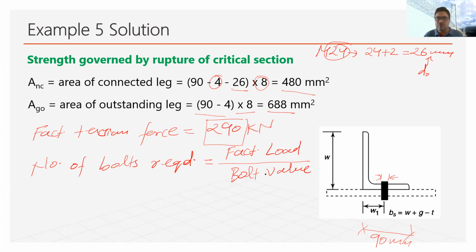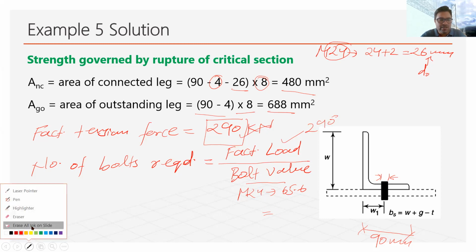Well, how do we find out this bolt value? I have already explained this in the lecture of bolted connection, so you can refer to that to find out this bolt value. Factored load, in our case the factored tension force, is already given, which is 290. I am writing directly the bolt value here, which for an M24 bolt is 65.6. So putting 290 by 65.6, we get the number of bolts required to support this load.